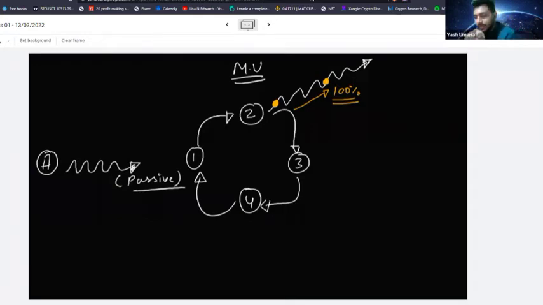Now understand this point, and it's human psychology. Whenever you make a right decision in your life, you share that information with your close friends and family.